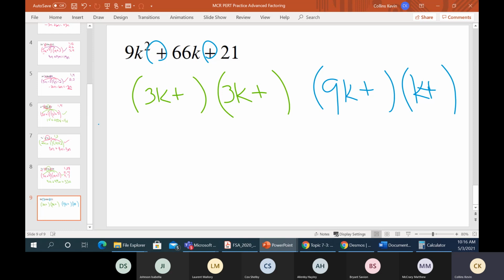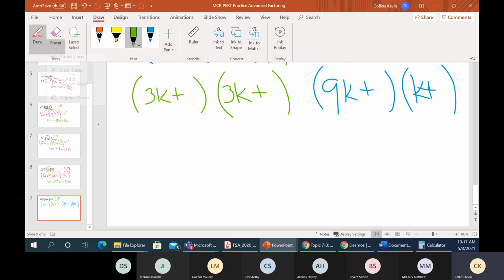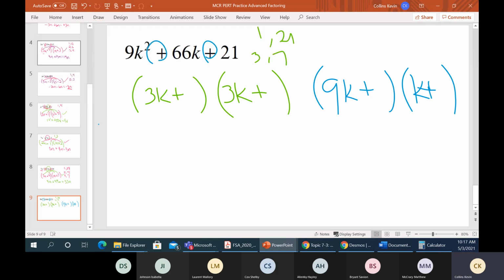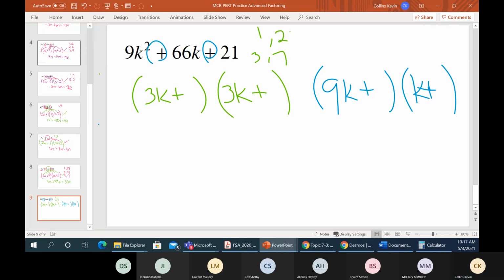All right, so now again, we've got two possibilities for 21, right? There's 1 and 21, and there's 3 and 7. So again, I would probably try the guys that are closer together first. All right, so let's do that. Okay, so let's work with the 3 and the 7.